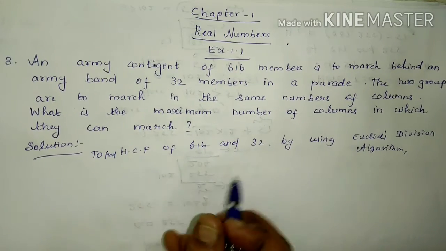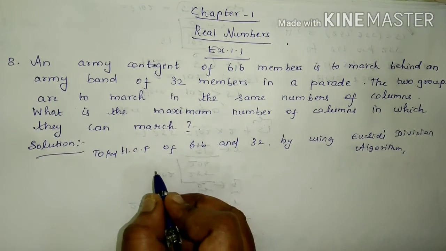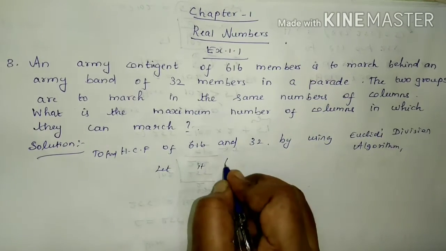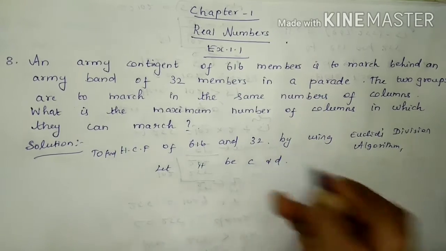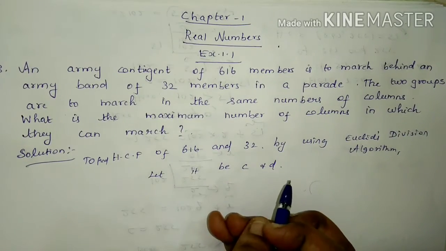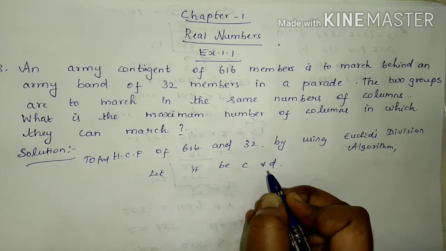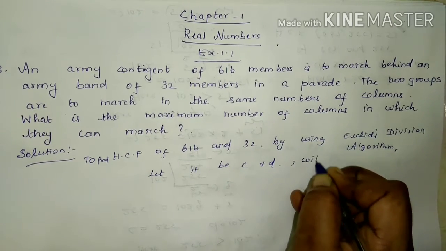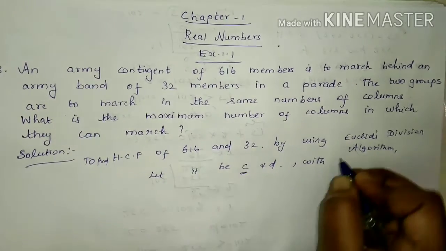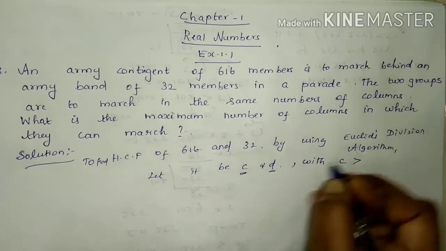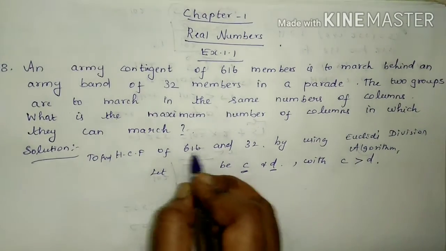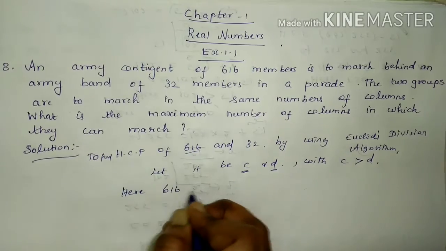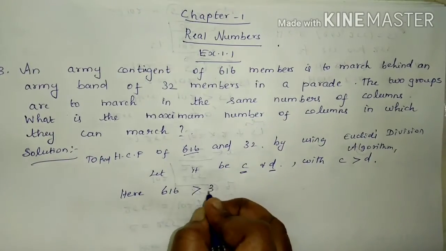in order to apply Euclid's division algorithm, we should take any two positive integers, let them be C and D, with one condition: the integer C should be greater than the integer D. Here our integer 616 is greater than the integer 32.